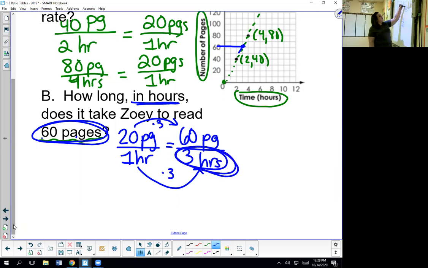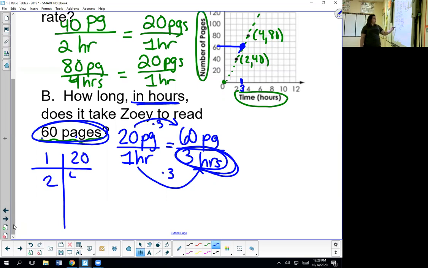If you look right here would be 3, and that's where it kind of intersects on that line. 3 hours. I have kids do this also too. They go 1 was 20, 2 was 40, so 3 would be 60, and then 4 would be 80. Could you do it like that? Absolutely, absolutely. Either way, it doesn't matter.